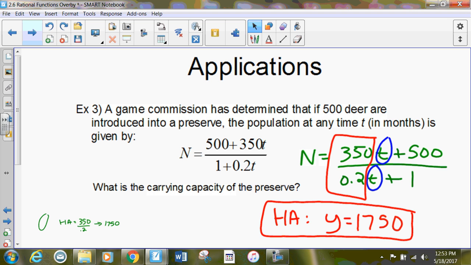These deer couldn't populate into infinity. There are going to be things that happen to these deer, and so their population is going to have a horizontal asymptote. It is going to be bounded by the laws of nature. And so in this case, for this preserve, the maximum amount of deer is going to be 1,750. So that's their carrying capacity.